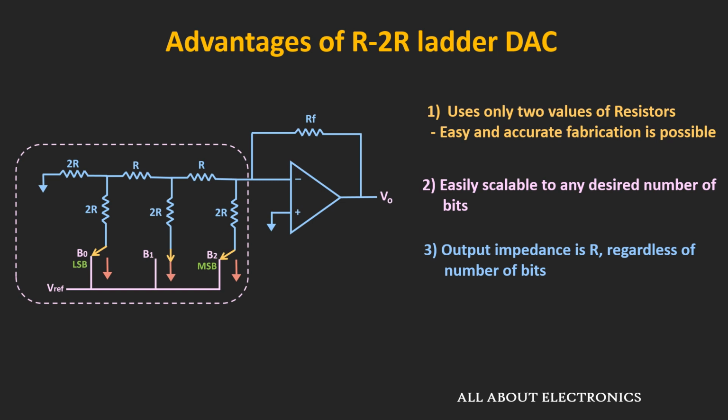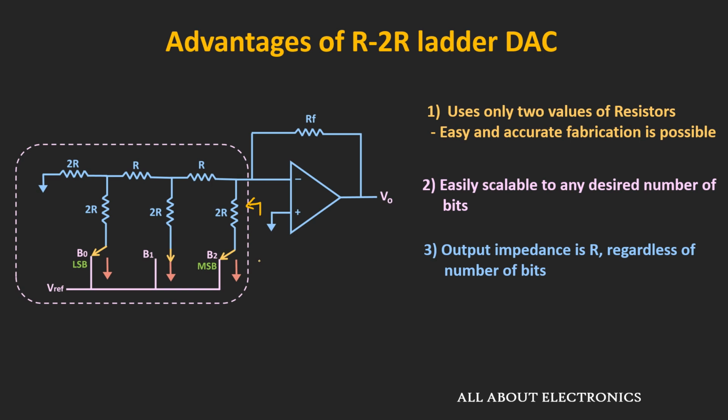And the third is, if you see the output impedance of this circuit, which is the Thevenin's equivalent resistance, then it is equal to R. Regardless of the number of bits, this output impedance remains the same, and due to that it will not affect the other circuitry. So these are a few advantages of this DAC.